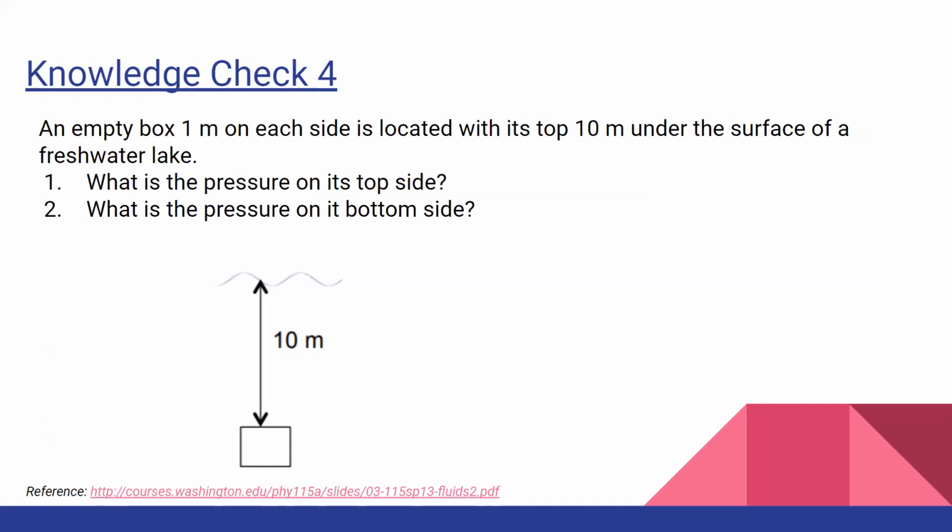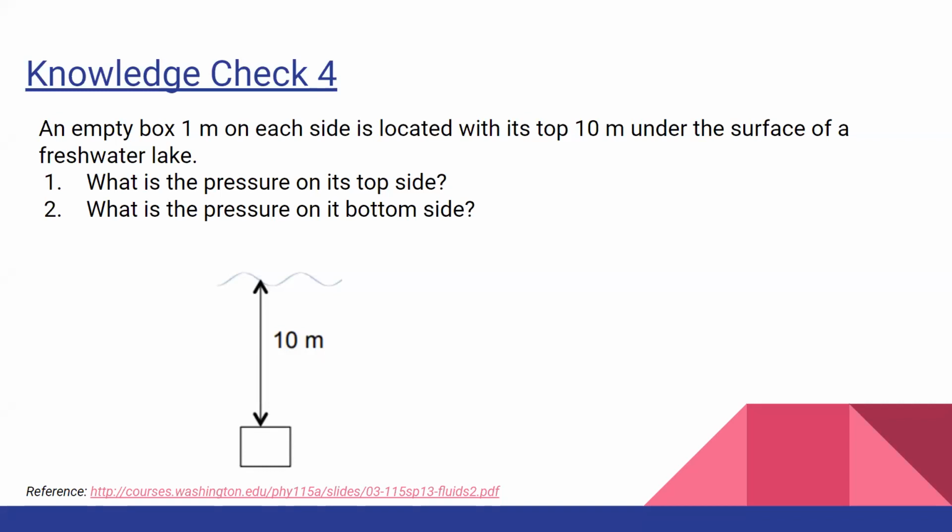So here we could use pressure is equal to P0 plus rho GH. So P0 is about 1.01 times 10 to the power 5 pascals.